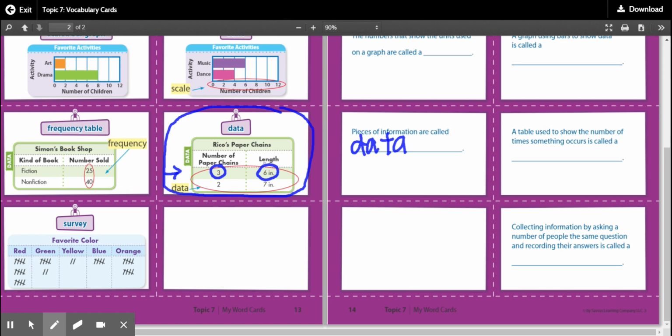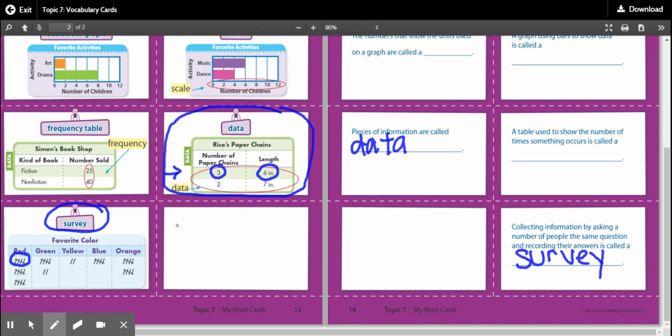One of the ways that you can collect data is by conducting or doing a survey. Collecting information by asking a number of people the same question and recording their answers is called a survey. This is an example. They conducted a survey of perhaps students' favorite colors, and they have used tally marks to record answers.